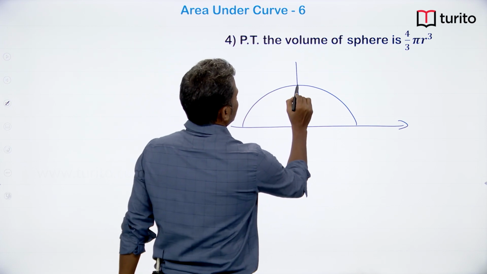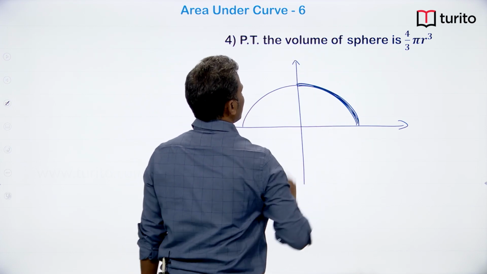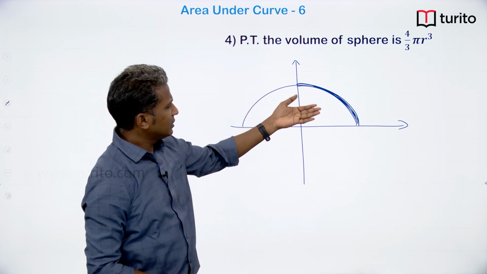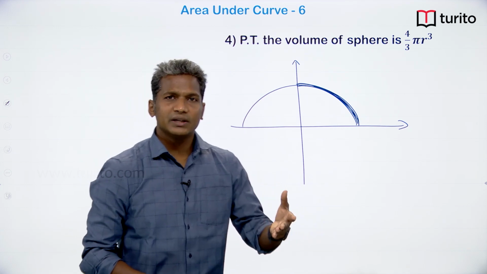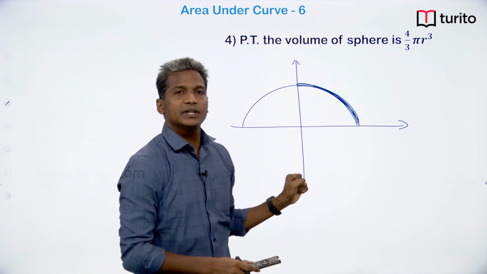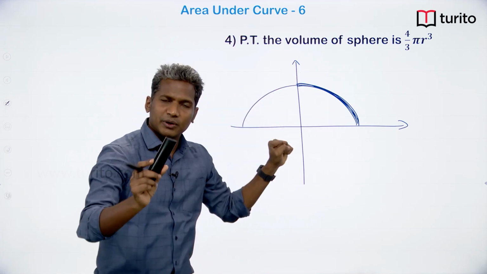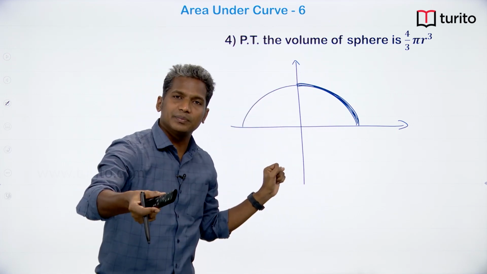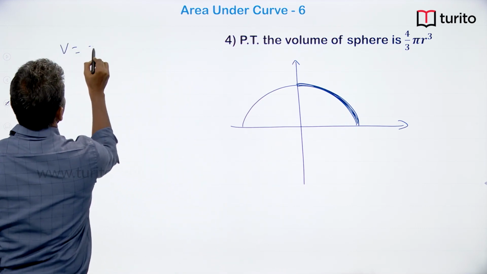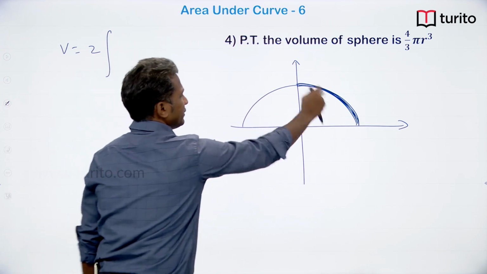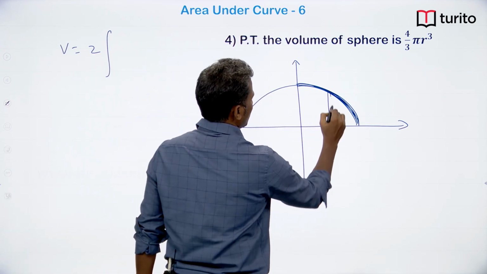So again, if I just take only this part which is in the first quadrant and rotate this completely, I will get semisphere which is half of the sphere. So if I take only this part and perform the integration and double this up, I will get the total volume. So volume should be equal to 2 into integral of only for this part. Okay. So again, what is the idea? We take a small strip here.